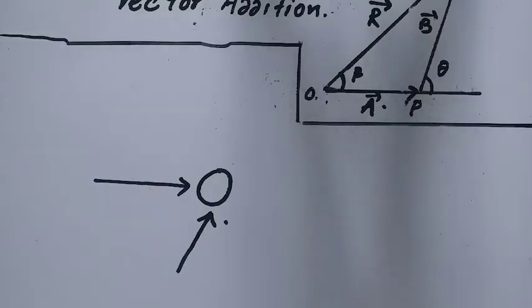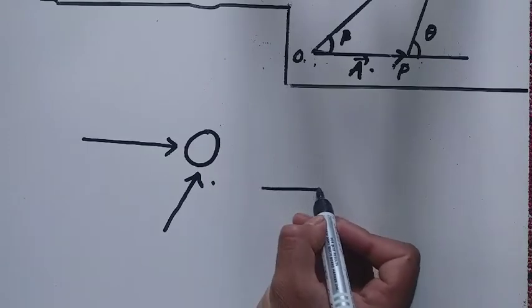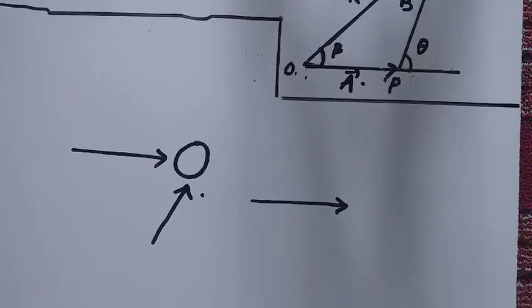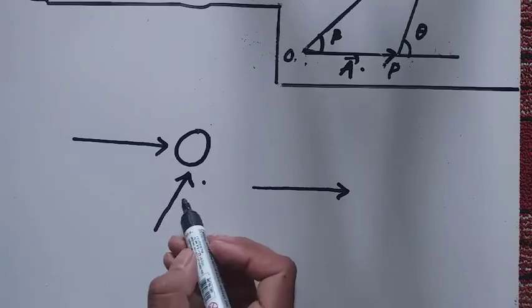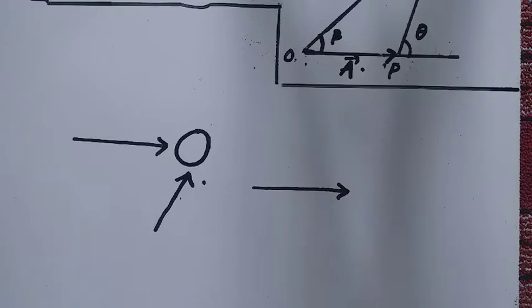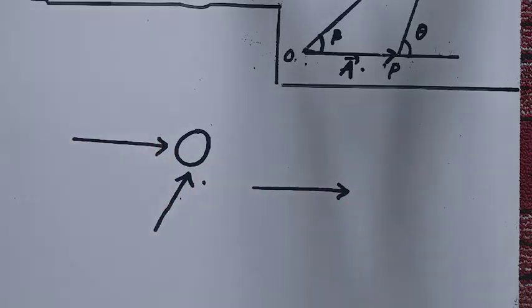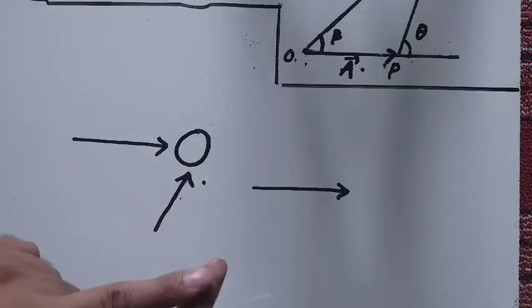According to the triangular law of vector addition, if you have such a situation, you can draw the first vector in which we apply this direction, and it does not matter which one you draw first. Either you can draw this or this. But always remember, when you add these two vectors, don't change their direction. The arrows must remain in the same direction, and also the size of these arrows.